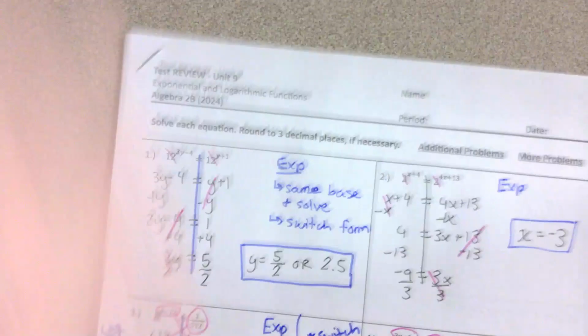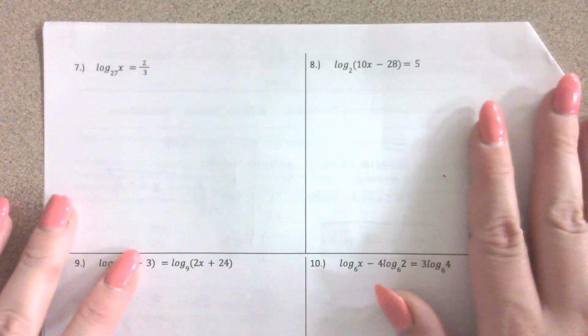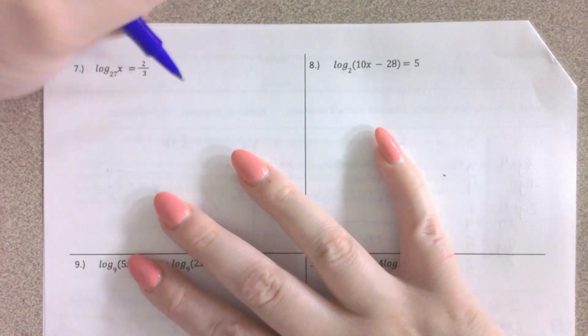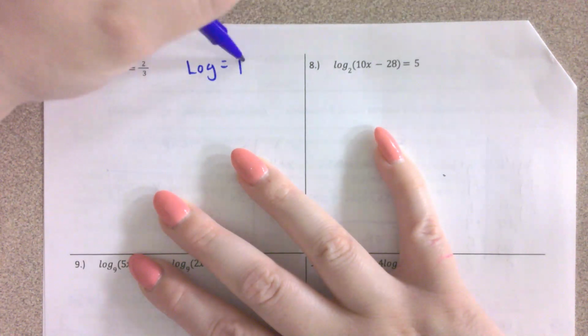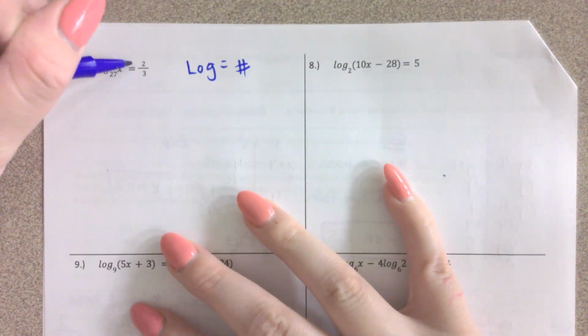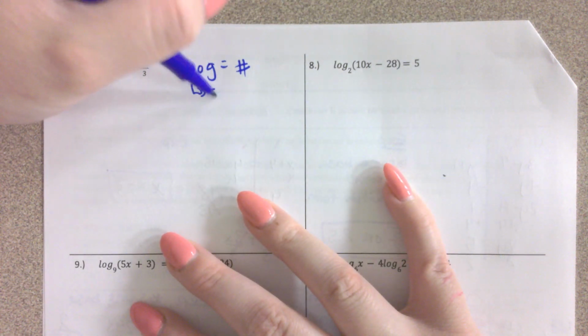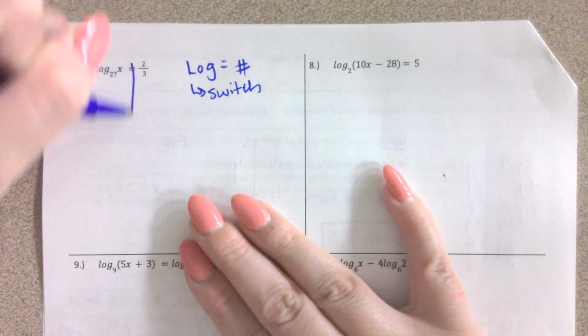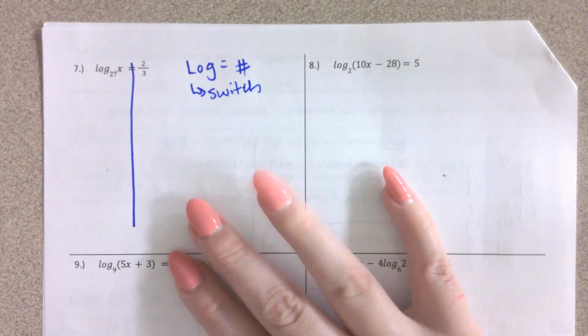Number 7, second page. Log base 27 of x equals 2/3. Once again, this here is a log equals number. So we switch the form. This is in log form.